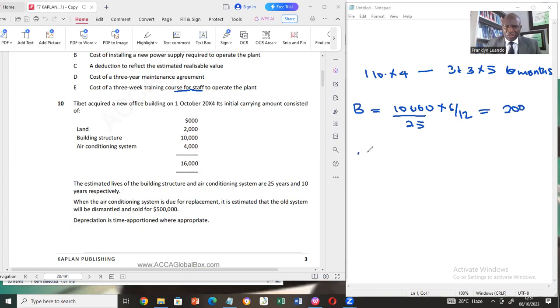Then air conditioning: we have 4,000, less scrap value 500, divided by 10 years, multiplied by 6/12. The depreciation is 175.